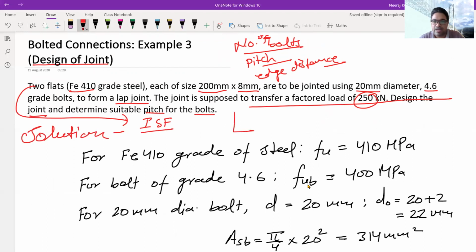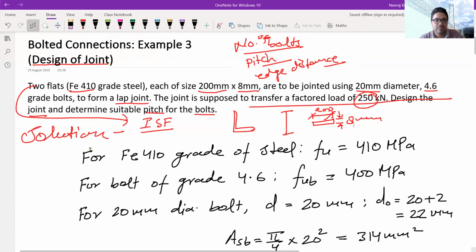Angle sections are like this, and I sections like this. Similarly, a flat bar is simply like this. You are given this dimension and this dimension, which is the thickness. So this 200 is this one, and this thickness is 8 mm. The length can be anything. Only two dimensions are given here.